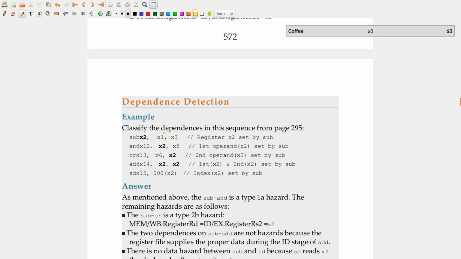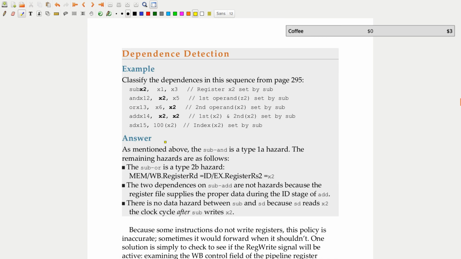Okay. So here we have the same kind of thing where we have this read after write kind of dependency. And we see that we have that again here, but it's less of a problem because it's a little bit further away. And by the time here, we actually don't have a problem at all because the sub instruction should be finished by then and should already be at the register file.